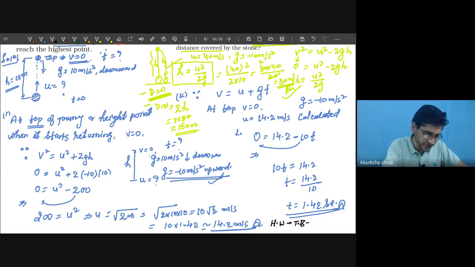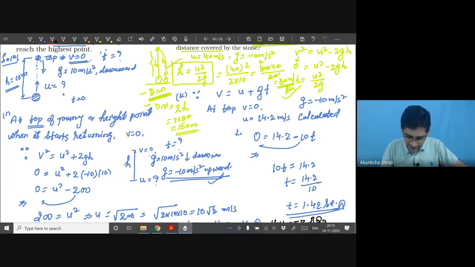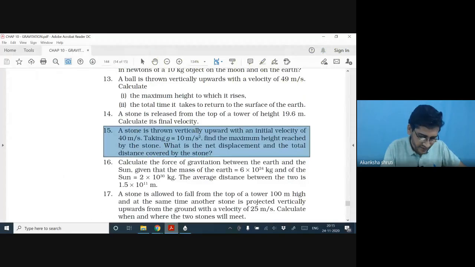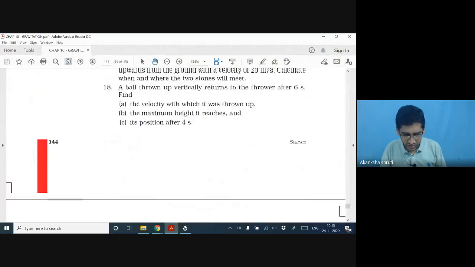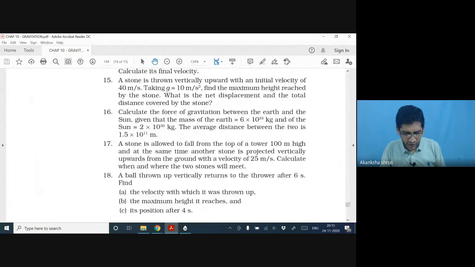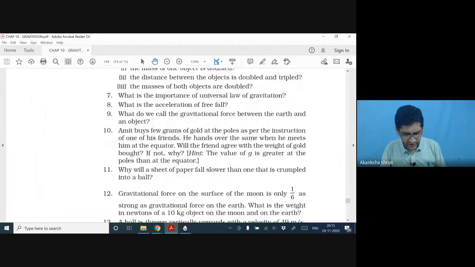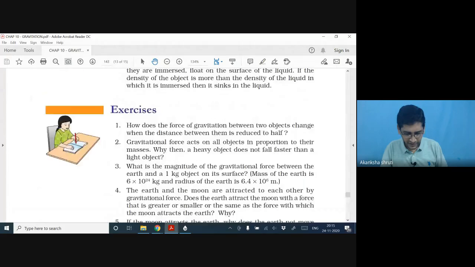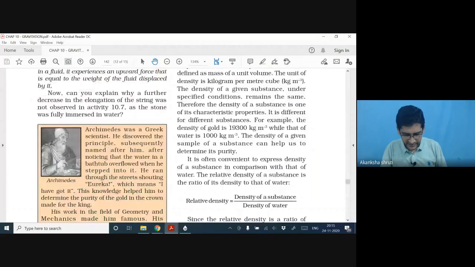There are two kinds of questions: one is called the blue question, and another is the exercise question. For the exercise questions, you can do up to question 18. I hope up to 6 or 7 we had already done. So up to 18 you have to finish.